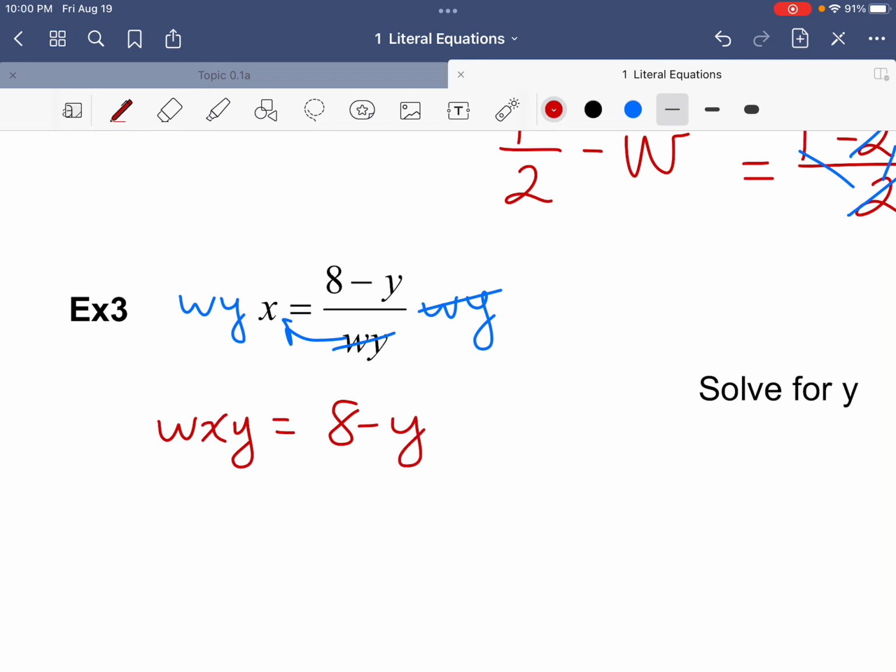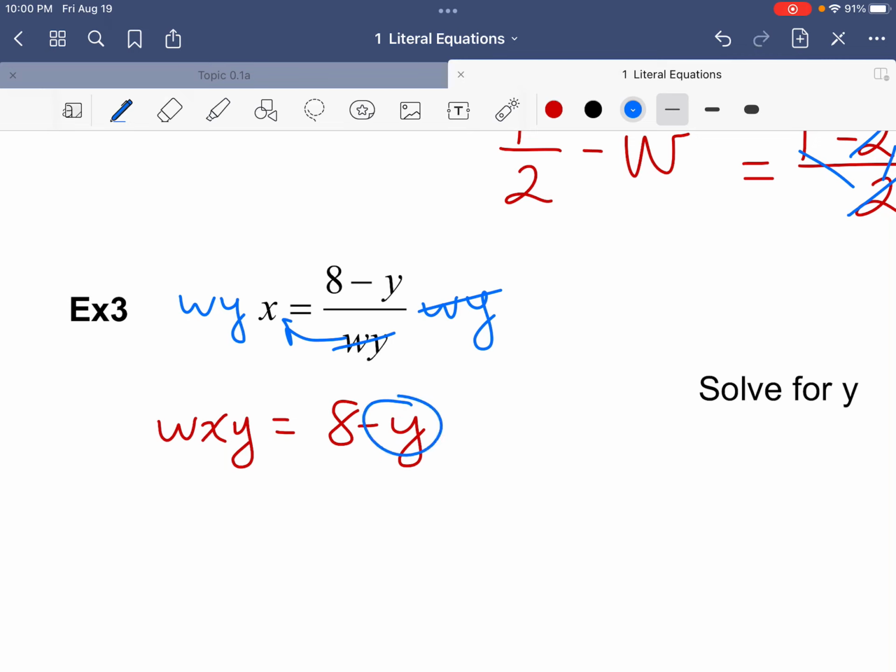Now, this gets a little interesting, but we have to keep in mind that there is a repeated variable, and it's on opposite sides of the equation. Okay, I can't factor until it's on the same side of the equation. So one of these Y's needs to move to the other side. Make sure that you make your life easy.